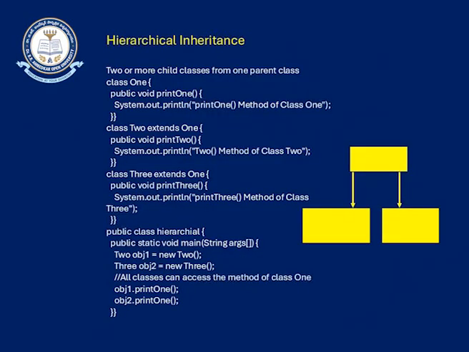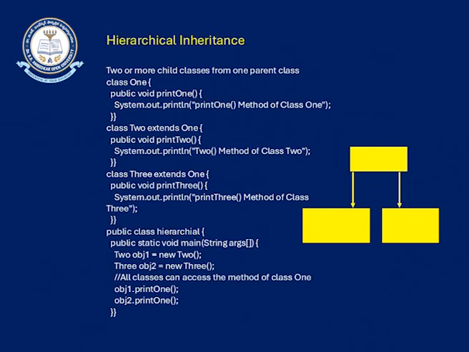Now, the next type is hierarchical inheritance. In hierarchical inheritance there are 3 boxes here also. The above box represents a parent class, from where you are inheriting properties into 2 children, child class 1 and child class 2.